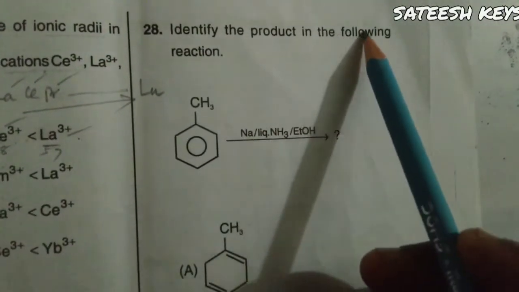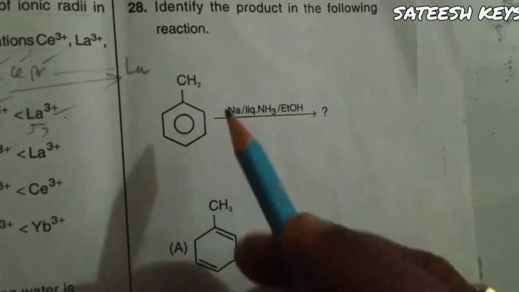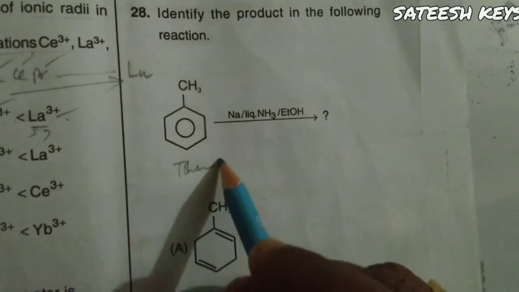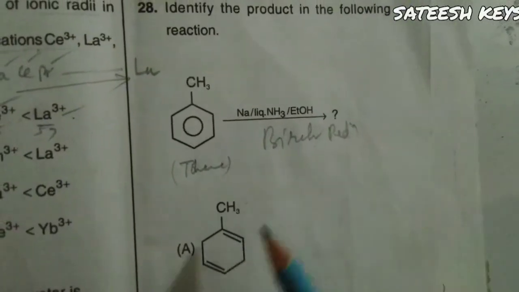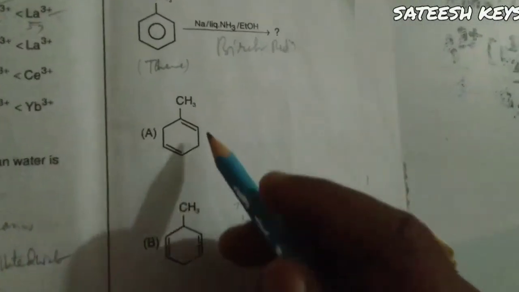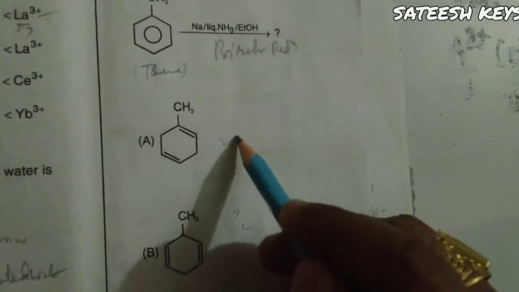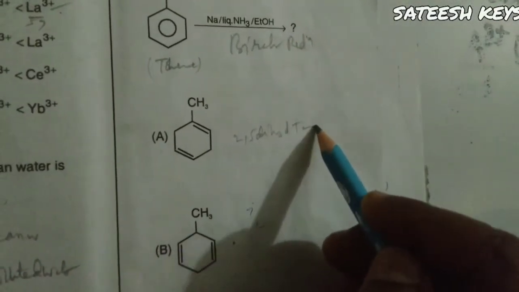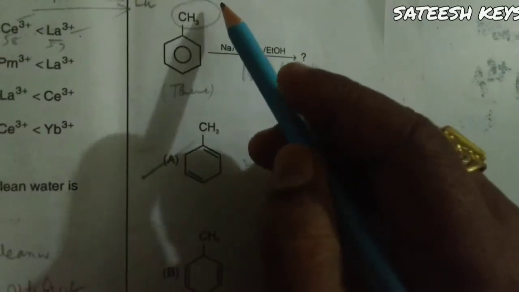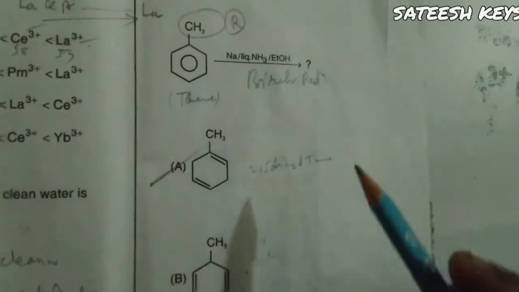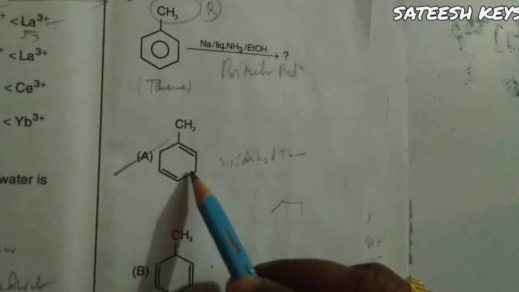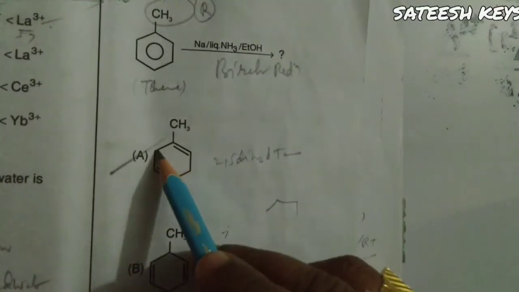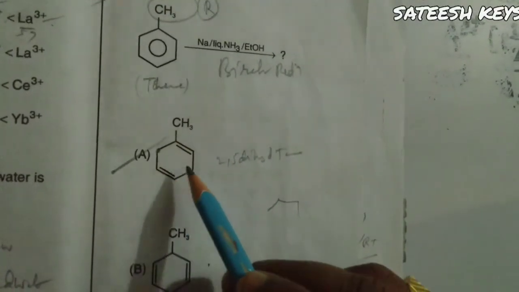Identify the product of the following reaction. This is toluene, so this is called Birch reduction. Generally 2,5-dihydrotoluene is the product, because the methyl group is an electron releasing group, so the electron density is more at the ortho and meta positions.